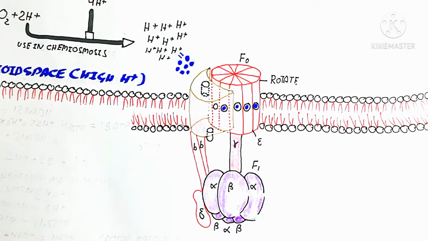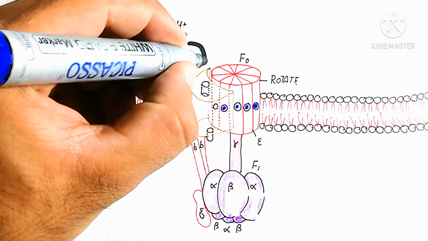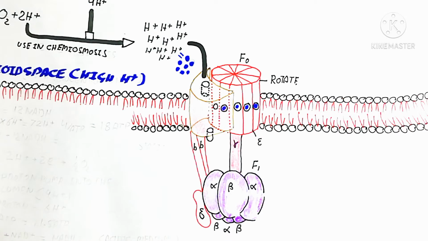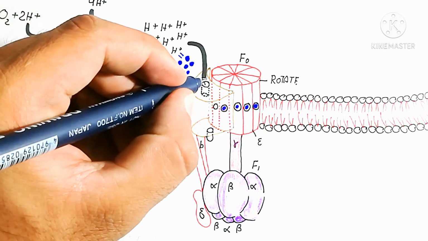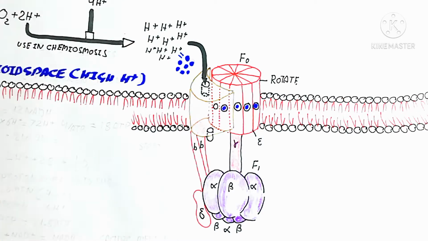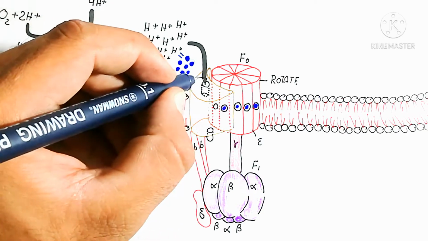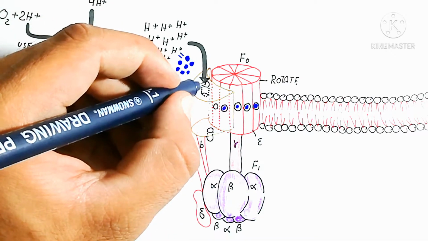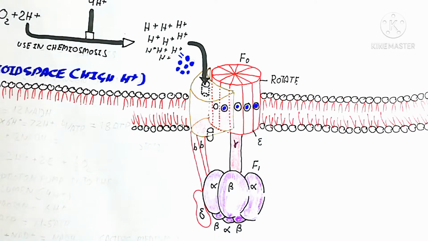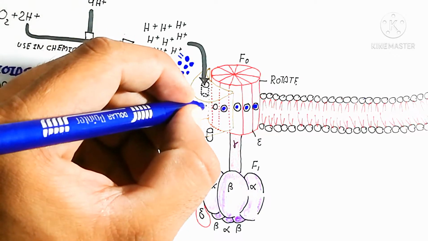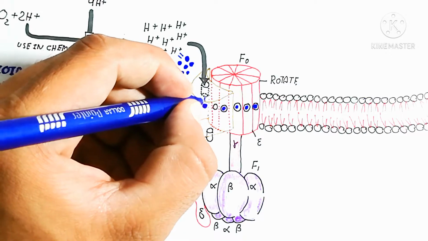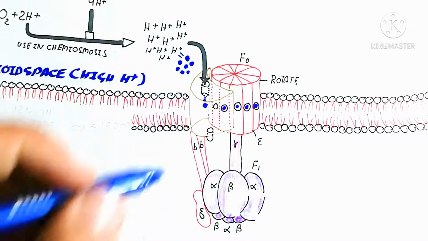How it is possible to move, that mechanism we will discuss. The proton will move through here, the channel-like structure, and is fixed here. It means this is the monomer of the proton acceptor, and here the proton will enter.